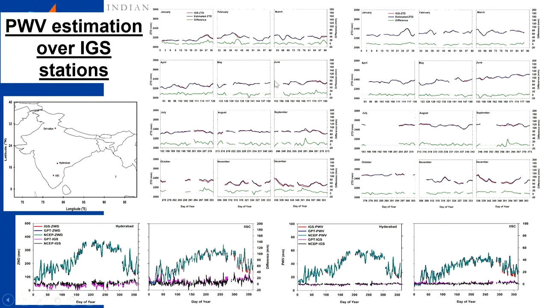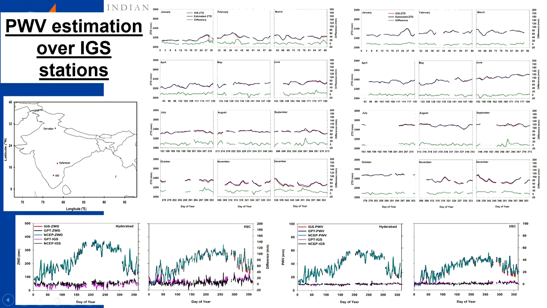You can see that the red one is the IGS ZTD, which we have taken directly from the IGS products, and one is estimated locally at IIRS.